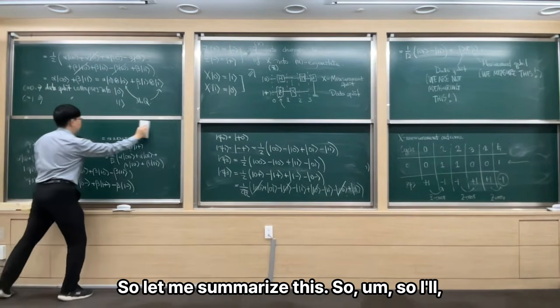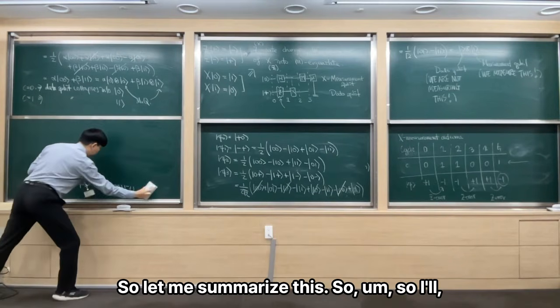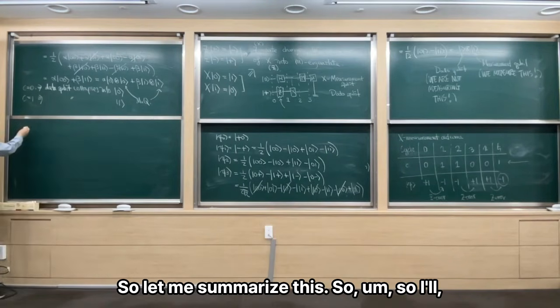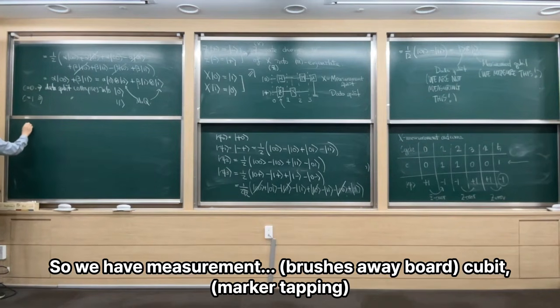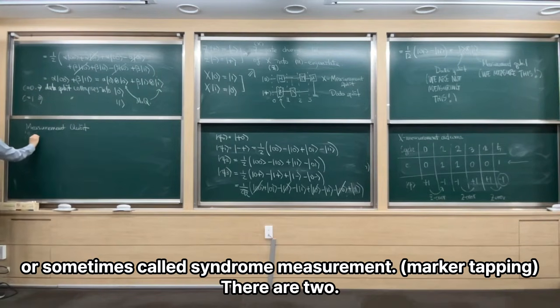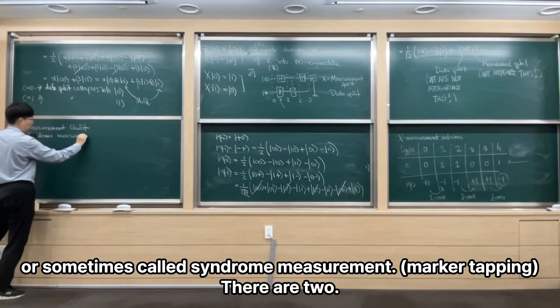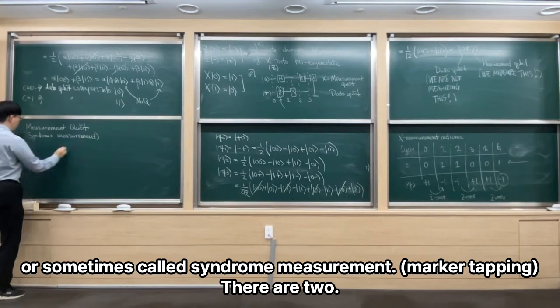So let me summarize this. I'll give you another name. So we have the measurement qubit, sometimes called the syndrome measurement. There are two.